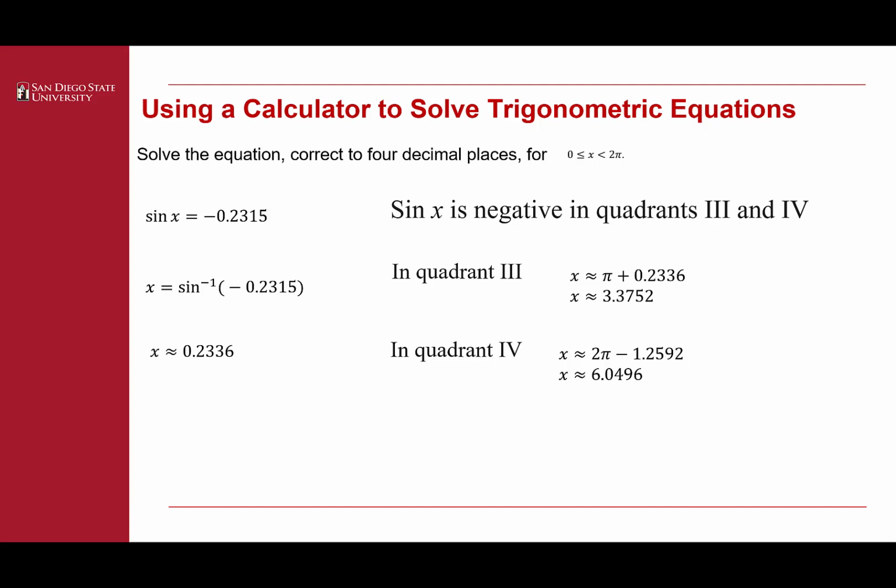In quadrant 4, on the other hand, we should subtract that result from 2 pi. And if we subtract 0.2336 from 2 pi, we will get 6.0496 as the result in quadrant 4.